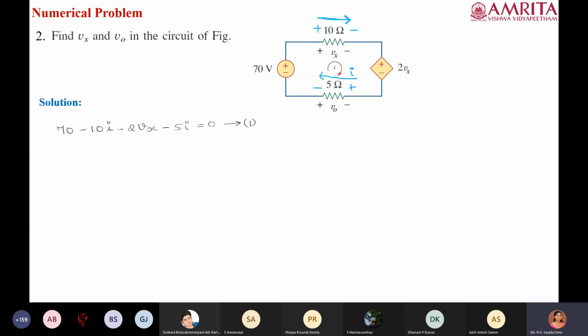So when a current is flowing in this direction, this has to be plus and this has to be minus. However, the reference they have given is opposite to what we are following, that we can take care of in the equation. But when we are writing the first equation, it is minus 5I, because there is a voltage drop when we pass through this particular 5 ohm.